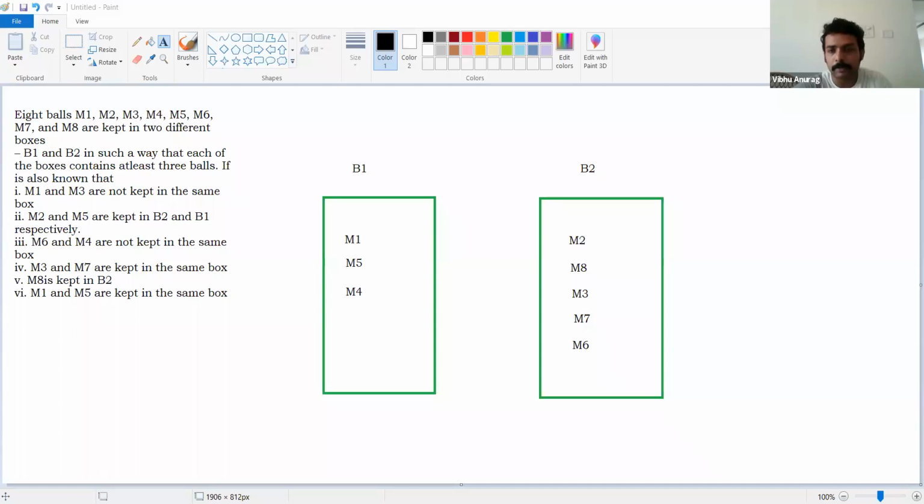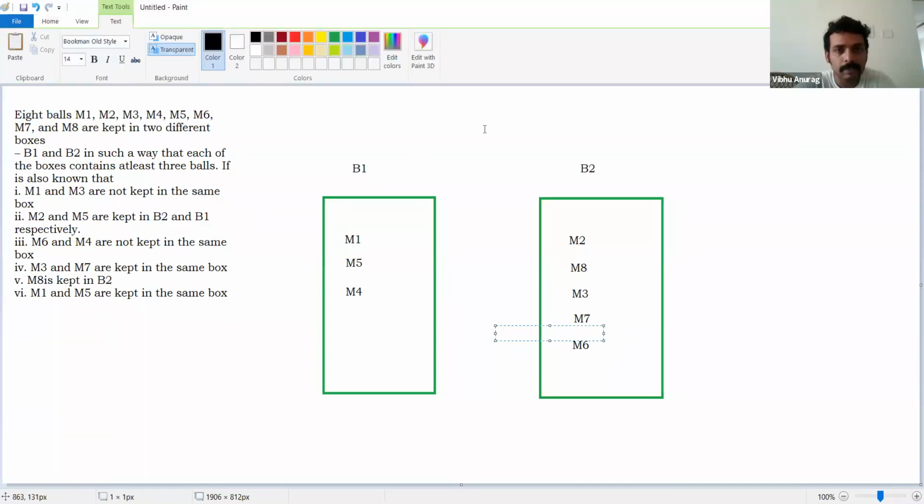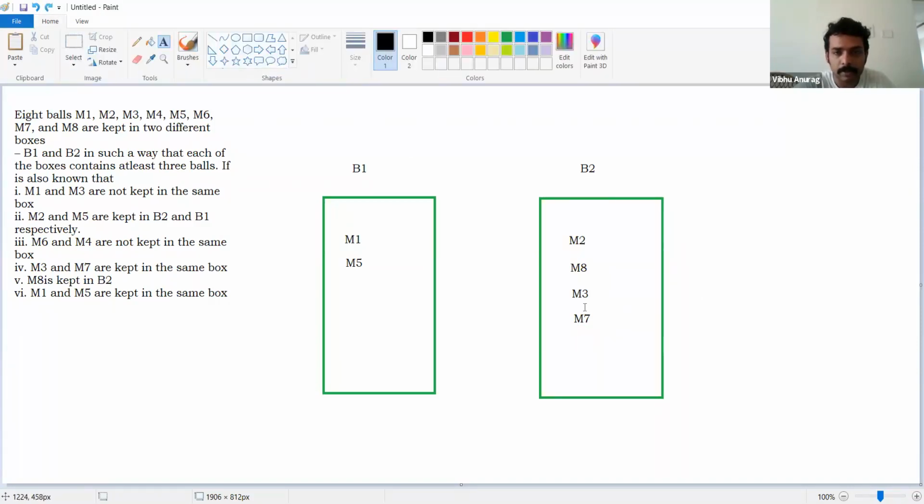So not only because of 51, you remove that information from there. Even if you remove this information, you still have 5 balls in B2 because either M6 or M4 will come here. And they're independent questions.